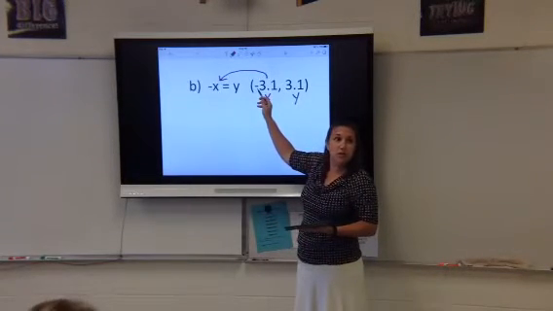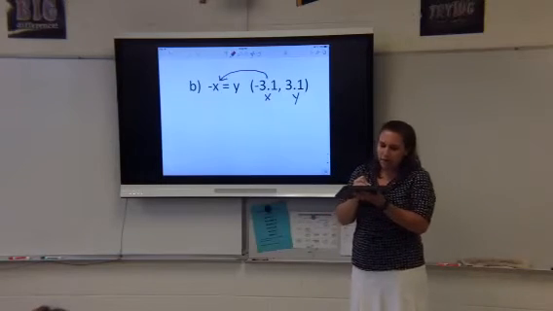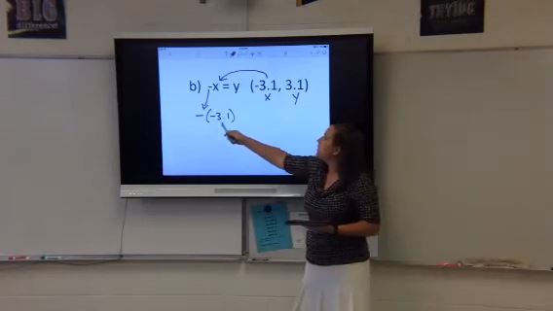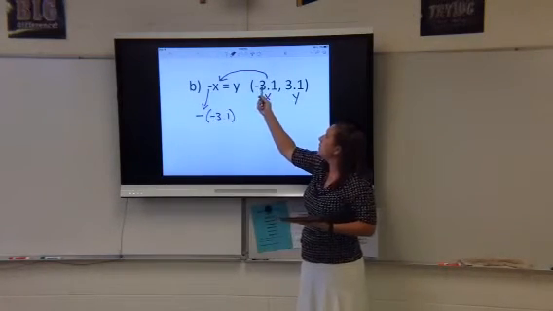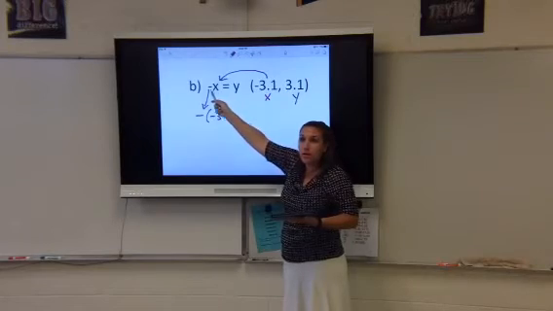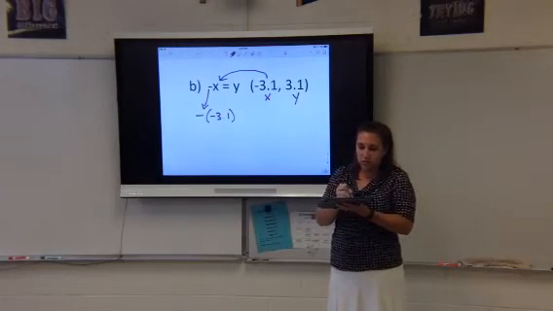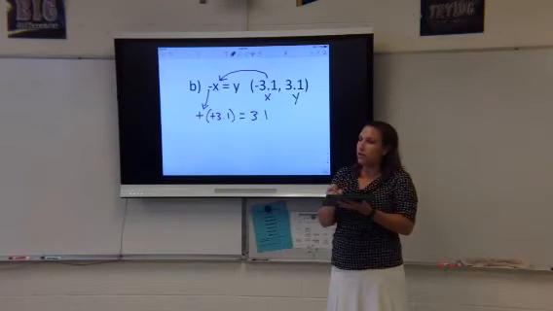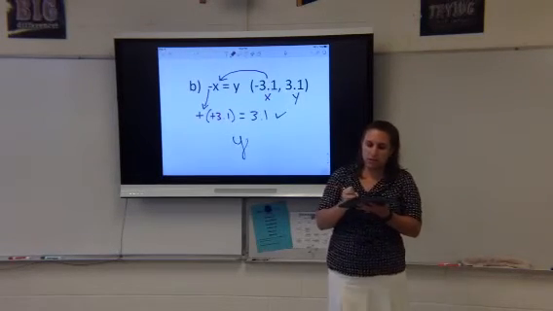The answer is yes. Okay? You are going to have the negative from the problem, and then when you plug in the negative 3.1, you are going to get a double negative there. So you have a negative here and a negative from there. So a double negative becomes positive. So does 3.1 equal 3.1? Yeah. Yes, it does.